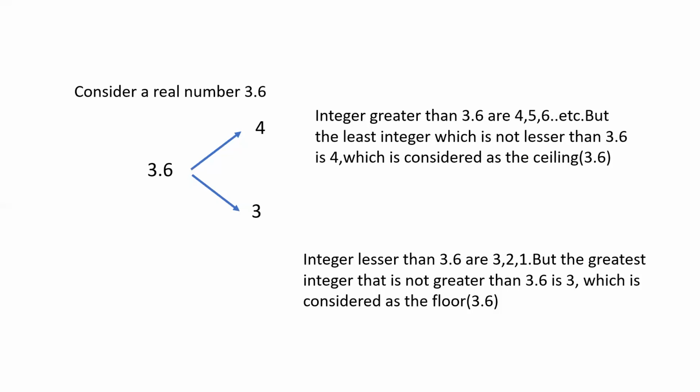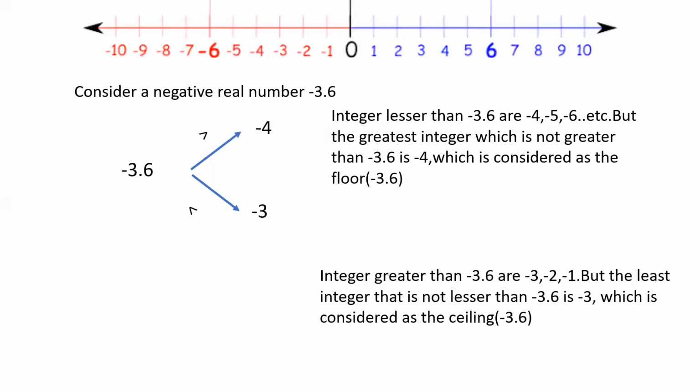The floor of the number plus 1 will give you the ceiling of that number. So the floor has to be considered for the real number. Floor of 3.6 is 3, and 3 plus 1 will give you 4. That's it. So that is the relationship between the floor and the ceiling function.